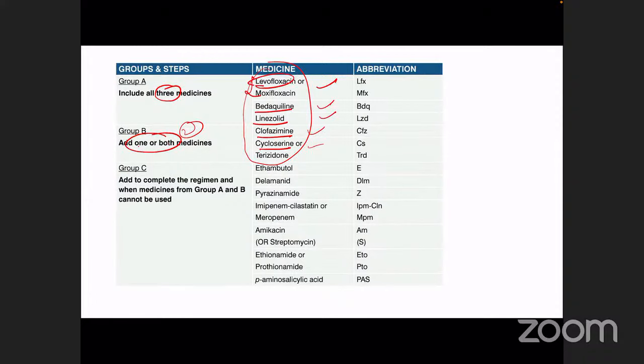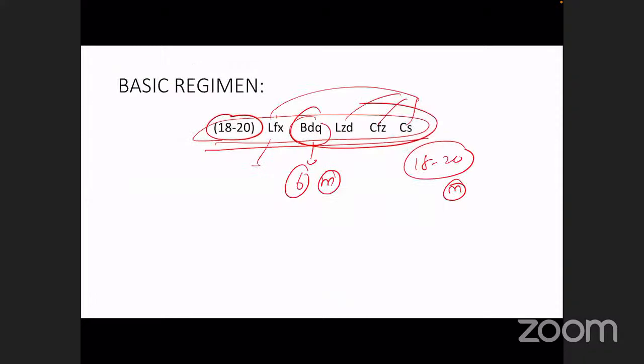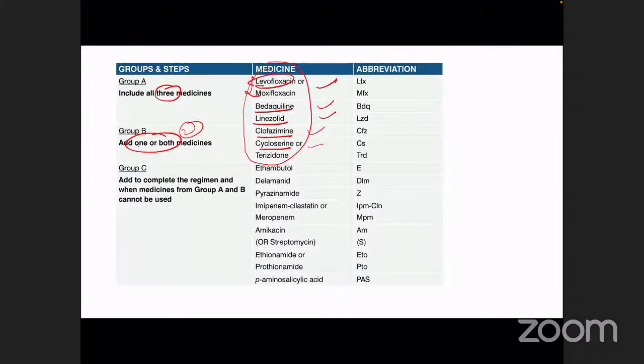Now, based on the patient's status, say for example, you have the LCDST or LPA report in front of you, which is showing resistance to this drug. So both fluoroquinolones are resistant. So you are left with 4 drugs. Now, the basic rule for making this regimen is 5 drugs.